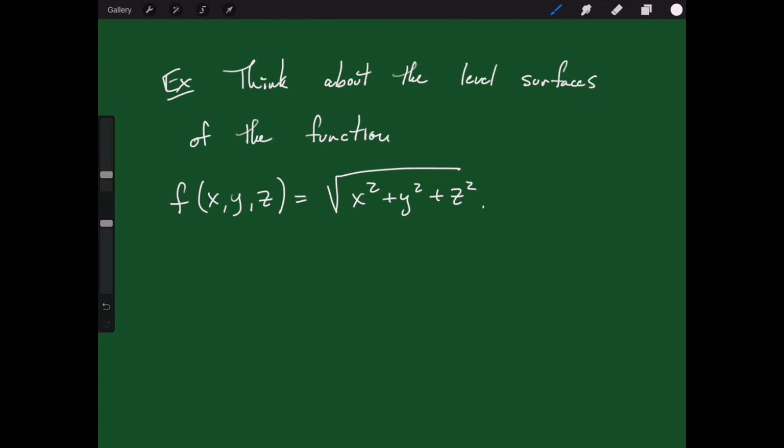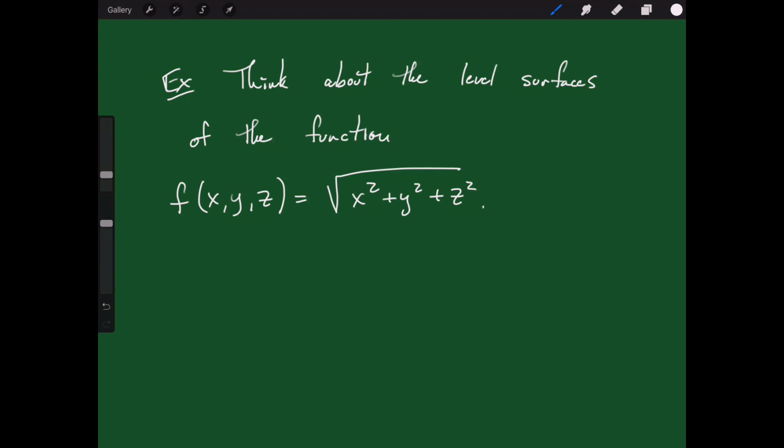Okay, so if I were to choose some number to plug in for the level surface, then I could figure out what a cross section of this curve looks like. Notice that x, y, and z, that's already 3 dimensions. So if I have a function of x, y, and z, that's a 4-dimensional object. But I can look at a cross section. So I can say, well, what if f, the function, is equal to 1? Then what is that cross section?